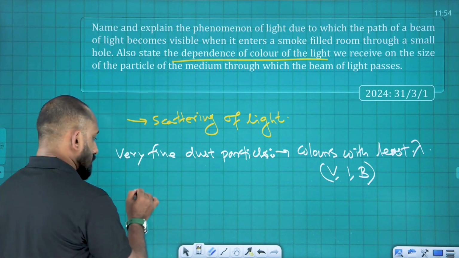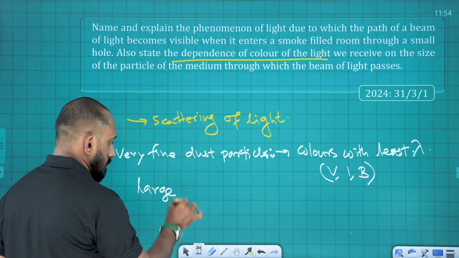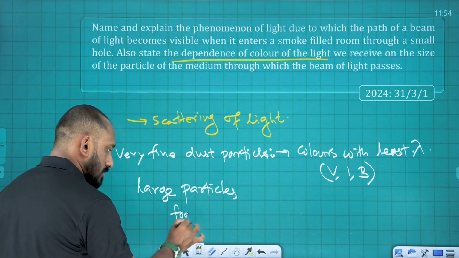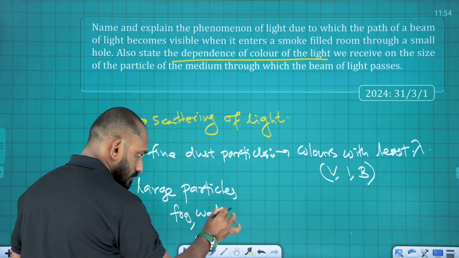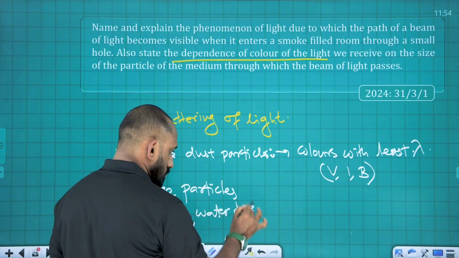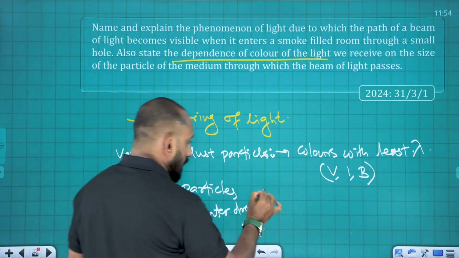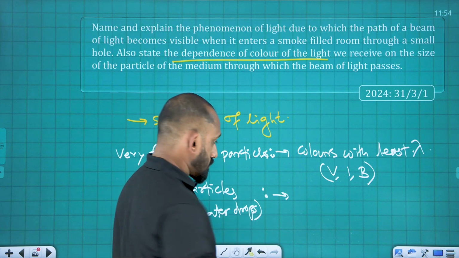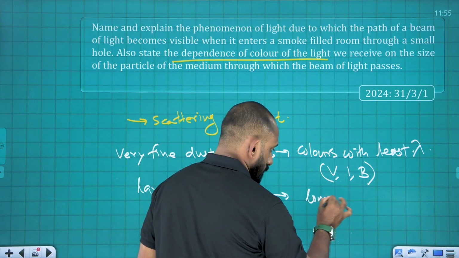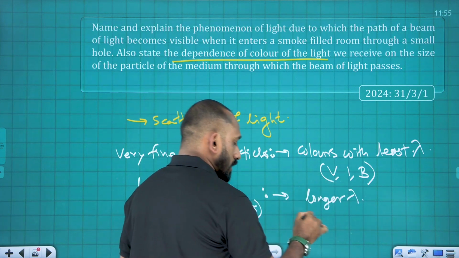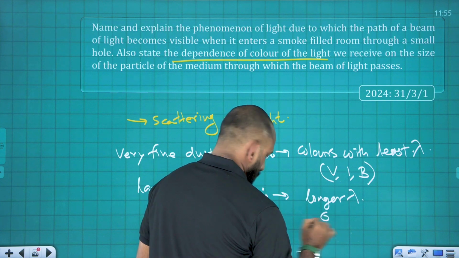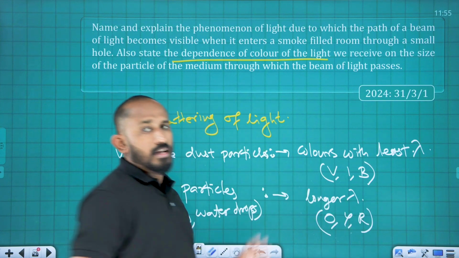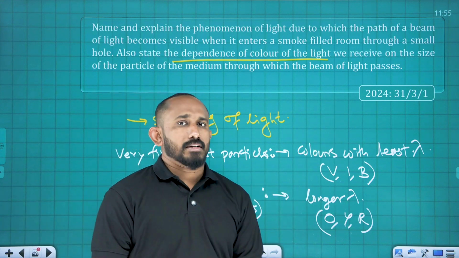Now, large particles are there, like fog particles, water drops and all. Then the colors with longer wavelengths, like which ones? Orange, yellow, red, at the other end, will scatter.